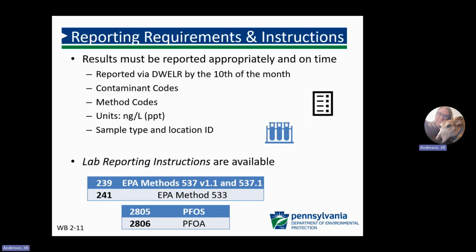Next, let's look at reporting requirements. Sample results must be reported appropriately and on time. As with all compliance monitoring data, monitoring results for PFOA and PFAS must be reported via Dweller, the Drinking Water Electronic Laboratory Reporting System, by the 10th of the month using the appropriate contaminant and method codes, appropriate units, which again is parts per trillion, and sample type and location IDs.